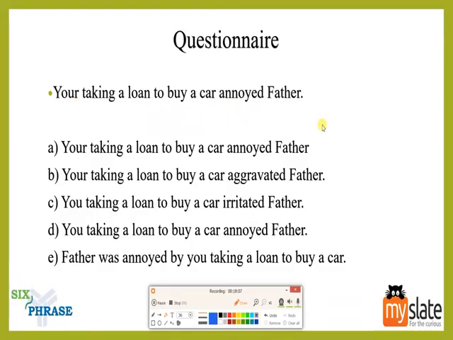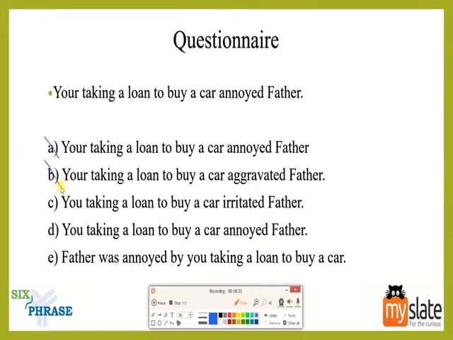So when we use logic here, someone is actually telling you that what you did has annoyed your father. Fine. Okay, so "you are taking a loan" does not work. "You taking a loan" works. That is like the basic things that we learn in English grammar. Therefore, "you taking a loan" is the only possible thing. So "you are taking a loan" is an error.